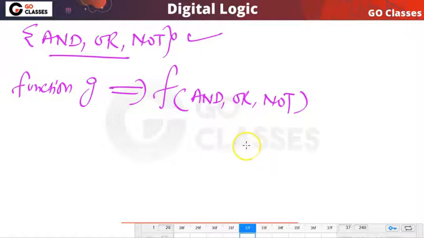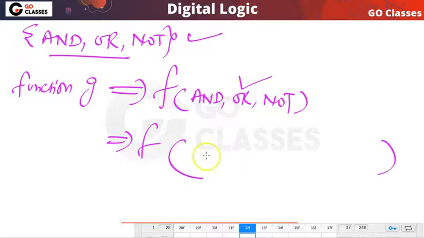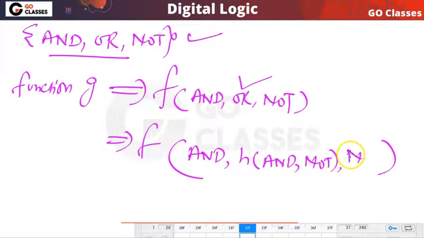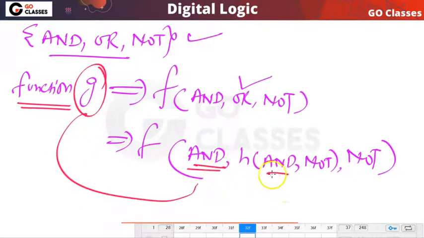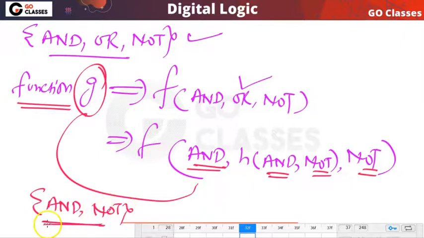Further, this OR I can represent as a function of AND comma NOT. So whatever function g you take, I can finally express it using only AND comma NOT. So finally I can say that AND comma NOT is functionally complete. Whatever function you give me, I can express it using only these two operations.